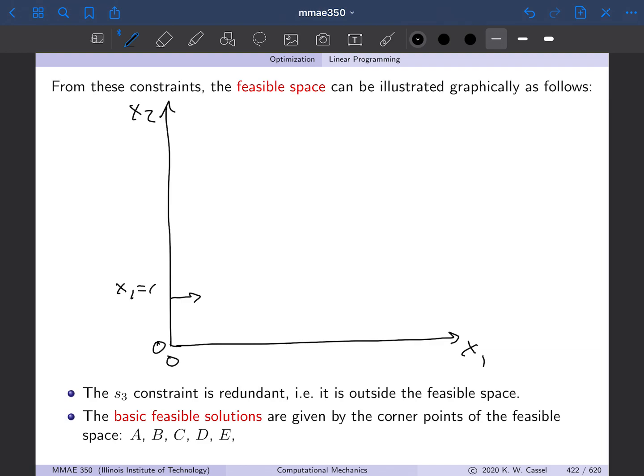So this is x1 equals 0, the left boundary. And they say that x2 also has to be greater than 0. So again, we're in the first quadrant as always once we impose the positivity constraints. So x1 and x2 equal to 0 correspond to the vertical and the horizontal axes respectively.